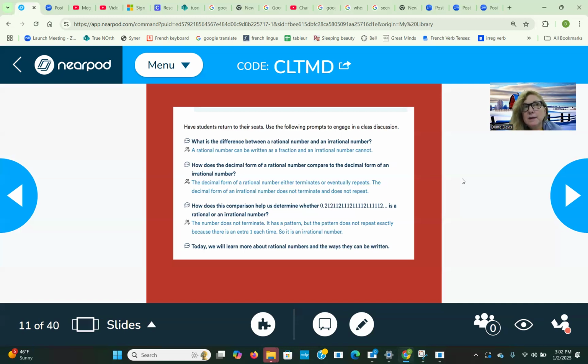If you take a ratio and make a decimal from it like we just did, and that decimal terminates, doesn't keep going on with a bunch of numbers, you could get to the end of it. Or if it just eventually repeats, then that's what happens when it's a rational number.